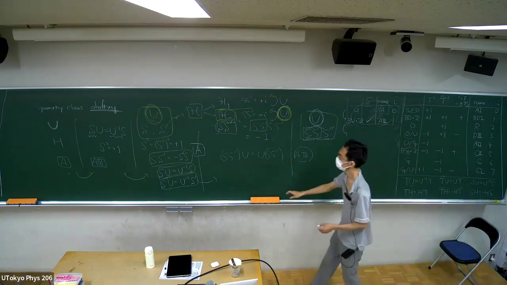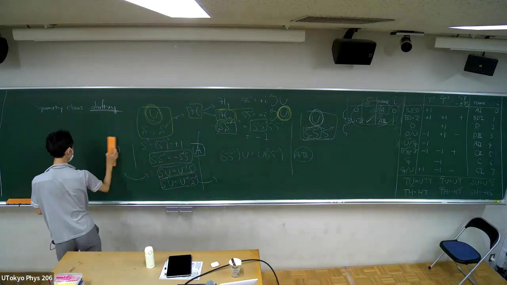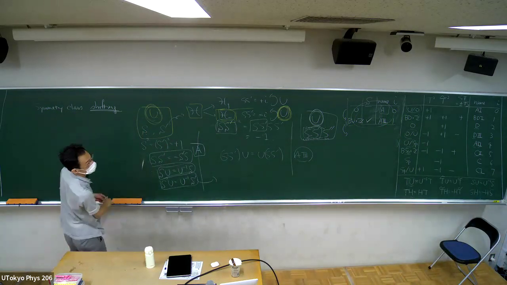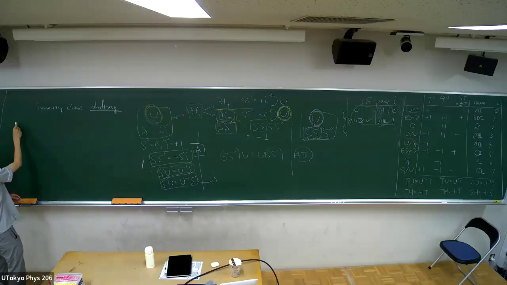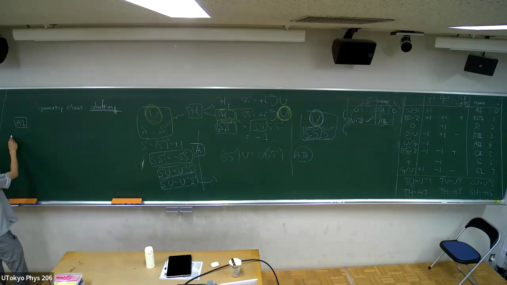So let's do this. So let's start with class A1, where you have just P operator, which squares to +1, and U, which is the unitary operator, satisfying that commutation relation. Right?